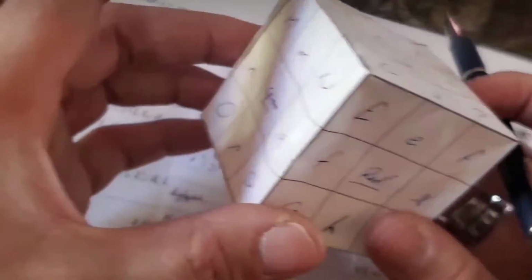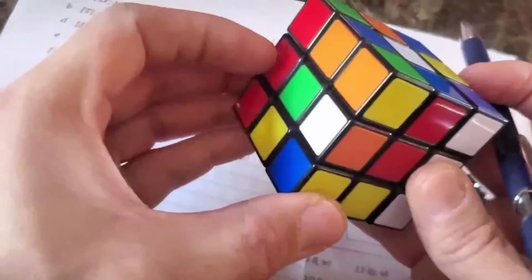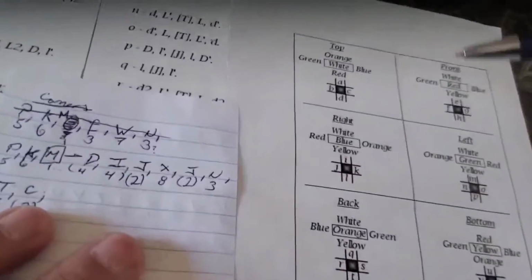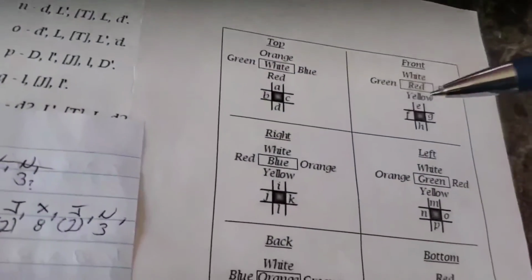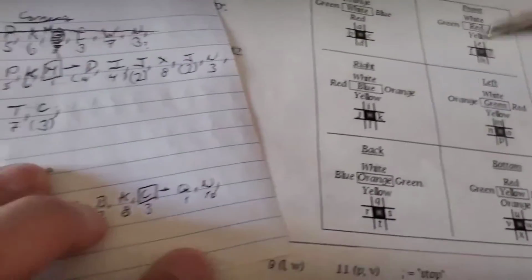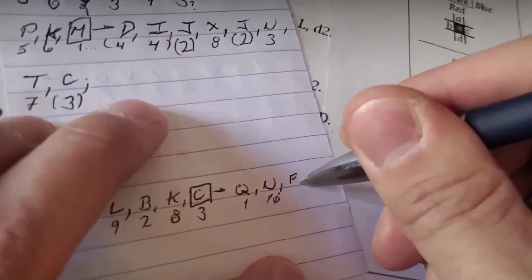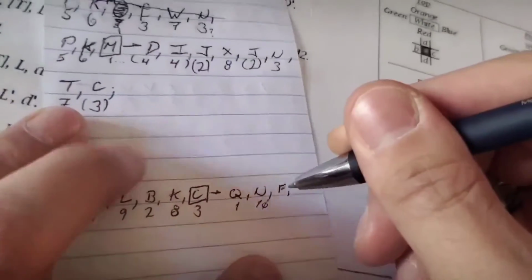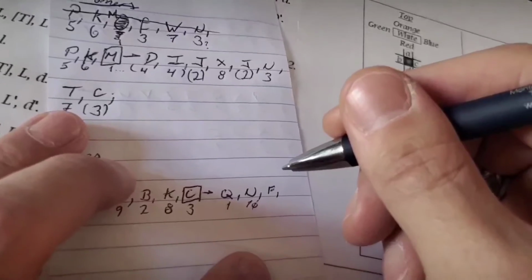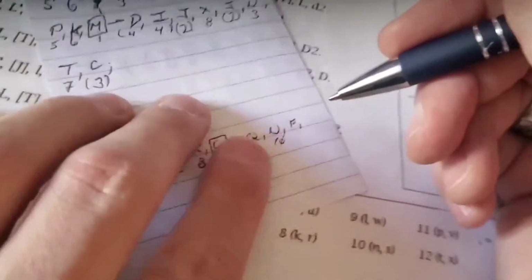So let's look at N. N is right there. So if I'm looking at this, that's red, green. So looking at our colors here, red, green brings us to F. And that is 5th position.